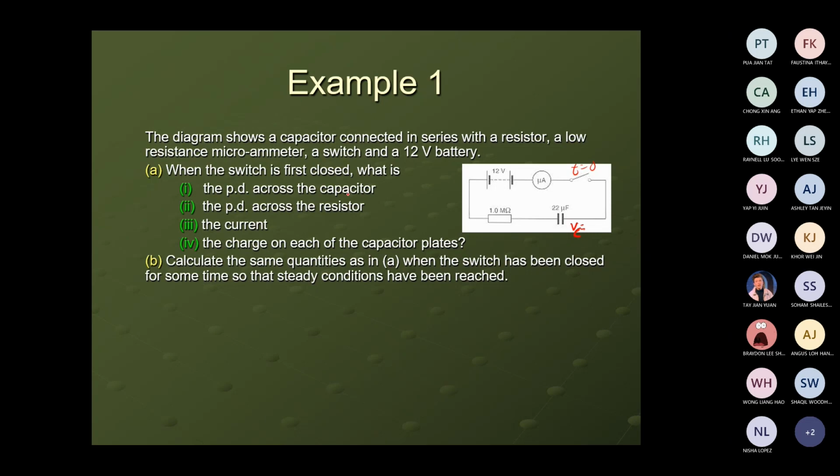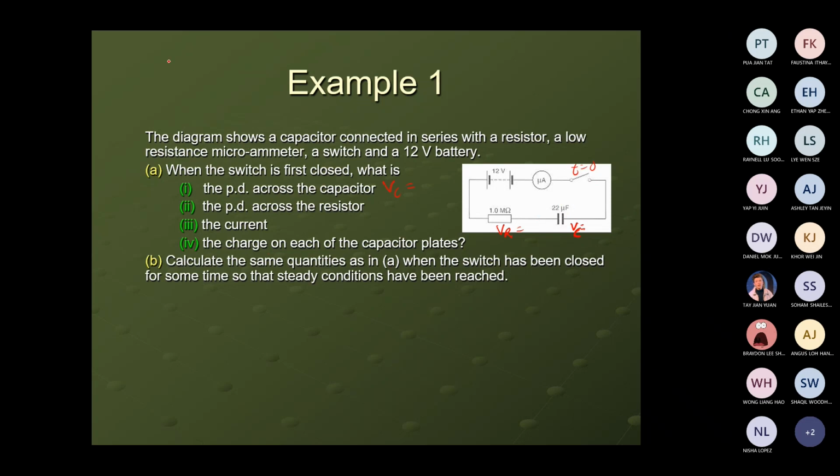What is the PD voltage across the resistor when the switch is just closed? First, can anyone tell me what the PD across the capacitor will be? It was not charged yet. Just close the switch. The capacitor doesn't have charge.